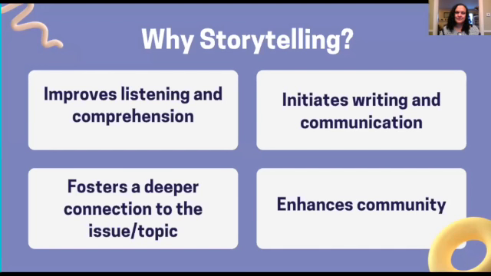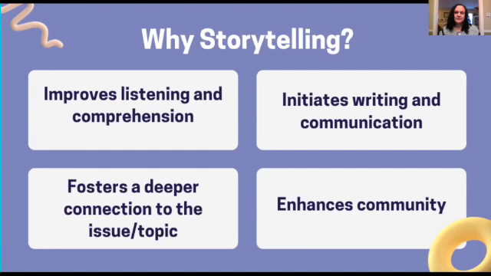And then we're looking at a deeper connection to the issue and topic. A lot of times if we see a big topic like climate change, it's really easy to get inundated with information on that topic on a day-to-day basis. But if it impacts someone we know, or someone where we know their story, we've got that deeper connection.